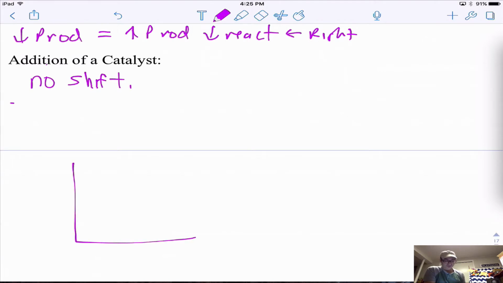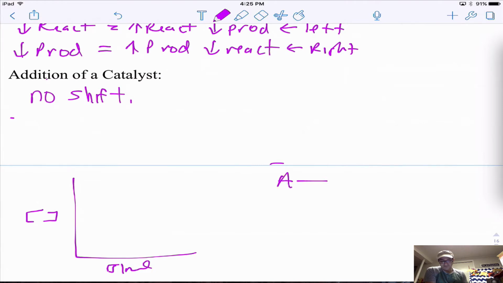Now what I wanted to spend a minute or two doing with you is just looking at this graphically, especially for concentration. If we look at concentration versus time, and we just have a simple system, A going to B. If we have A, the reactant, over time it will decrease.